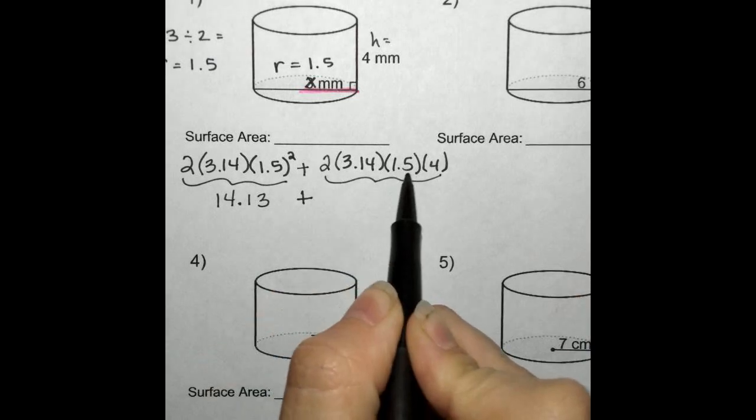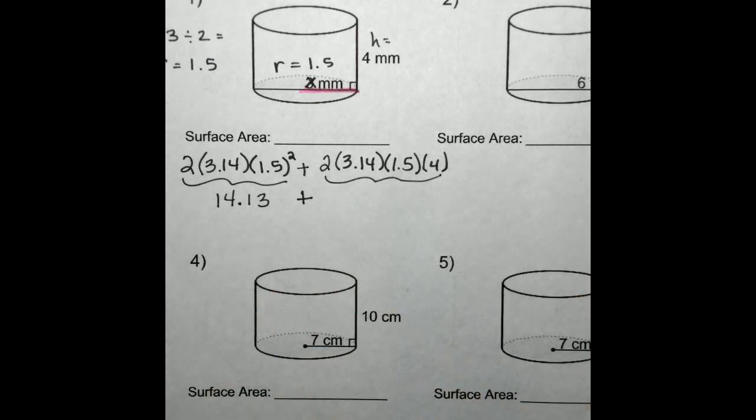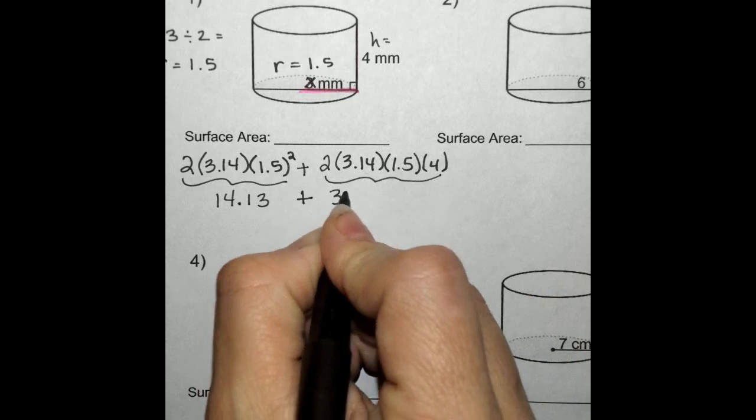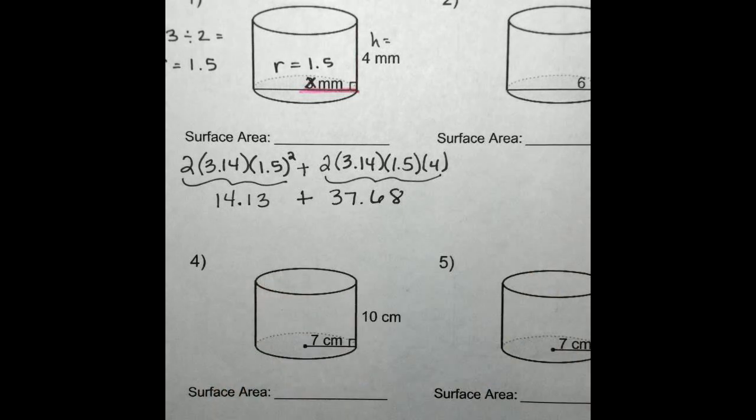On the right side, remember the radius is only one time. So we come up with 37 and 68 hundredths.